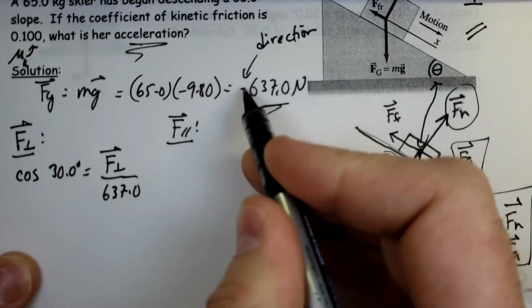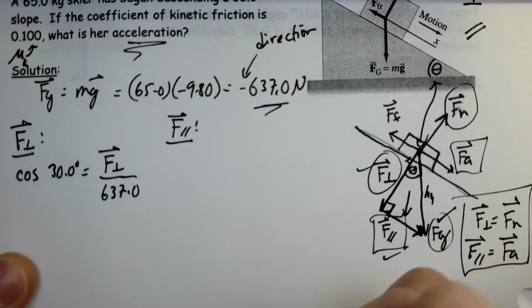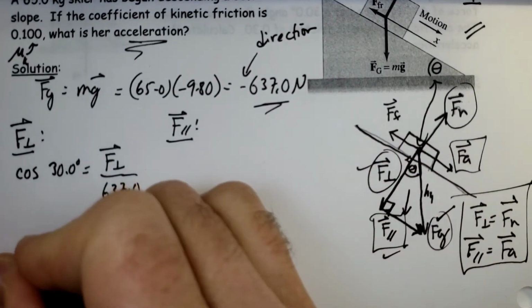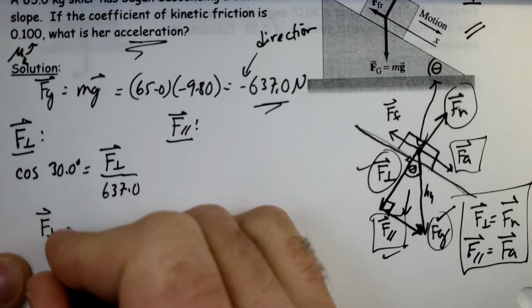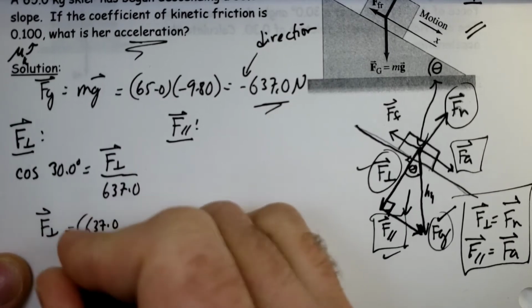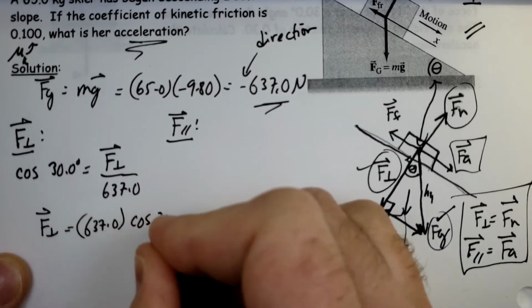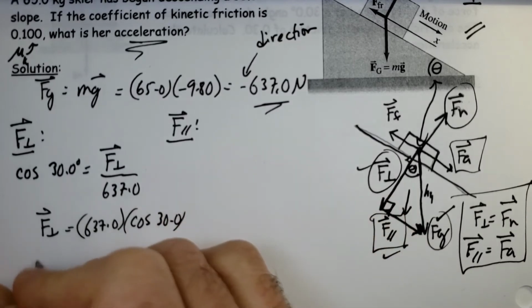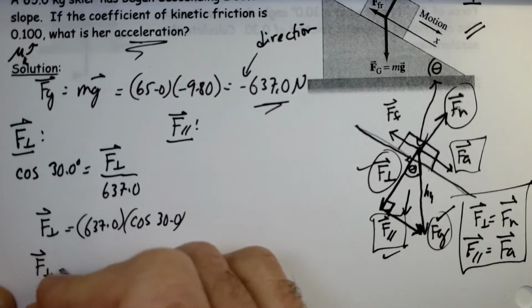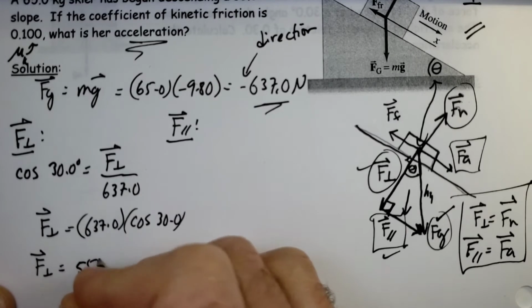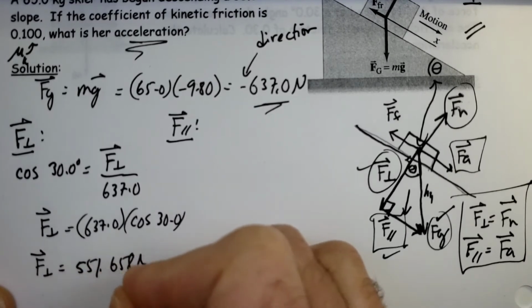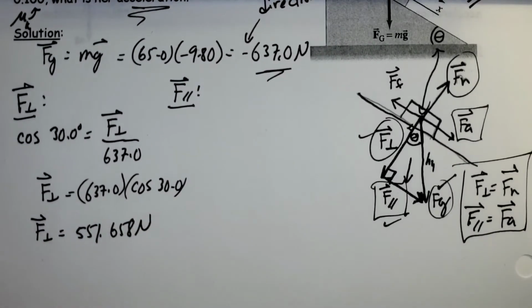So again, not including that negative sign. So 637.0 multiplied by the cos of 30. Of course, make sure your calculator's in degree mode. That's going to give us 551.658 newtons. We'll just leave those digits there for now.